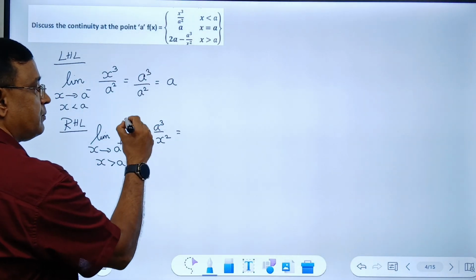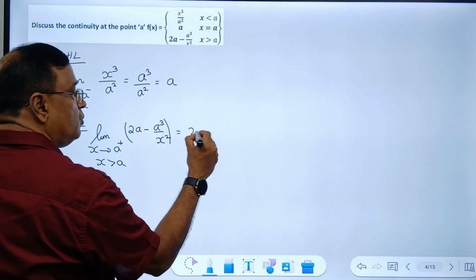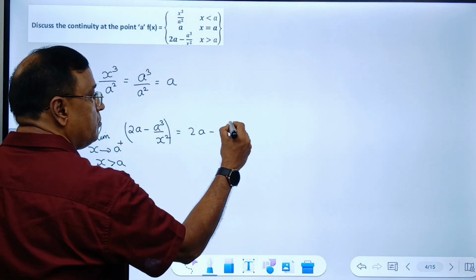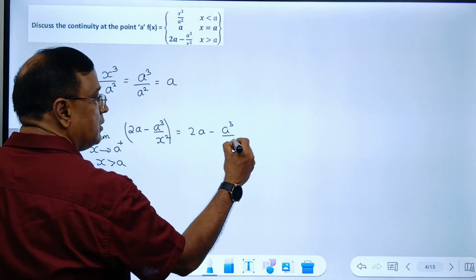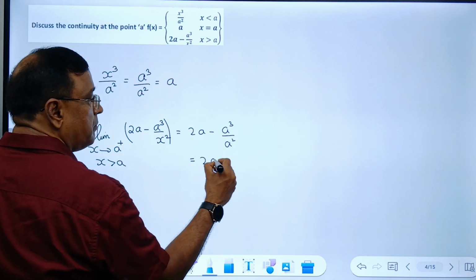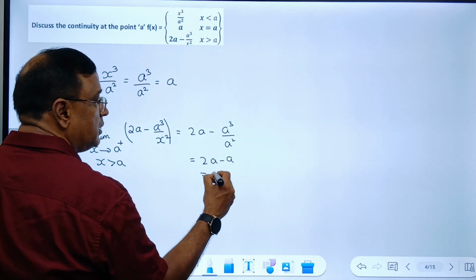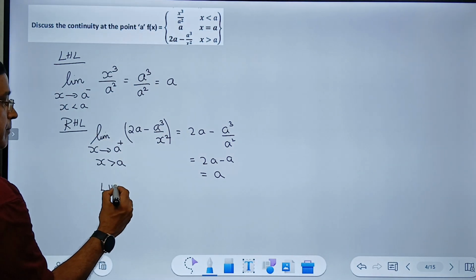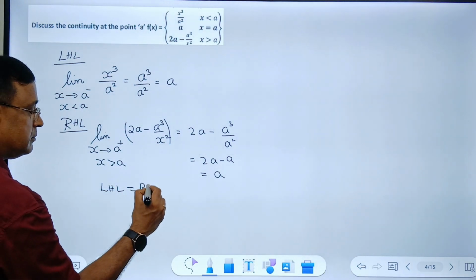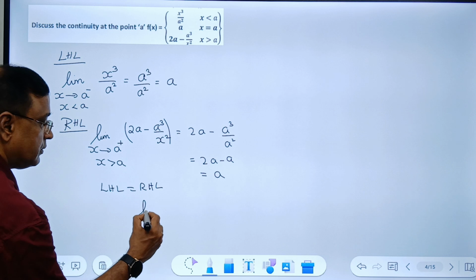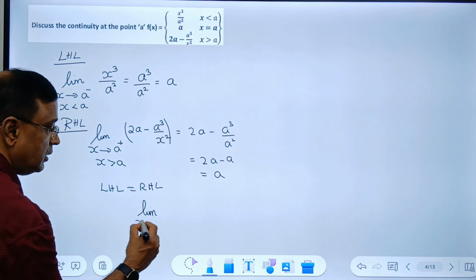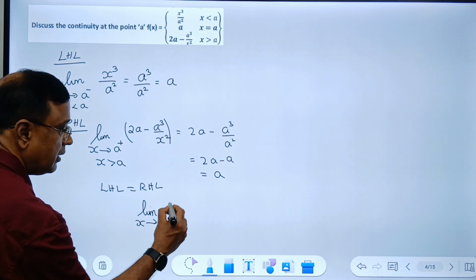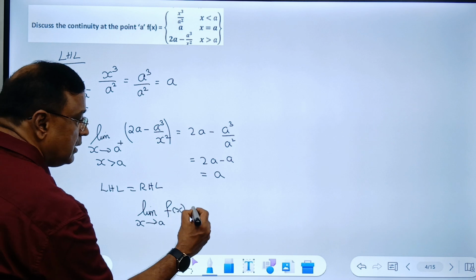On direct substitution, I get 2a minus a cube by a square. So I get 2a minus a, which is nothing but a. Clearly you can see LHL is equal to RHL. So if LHL is equal to RHL, what do you know? Limit x approaches a, f of x exists.